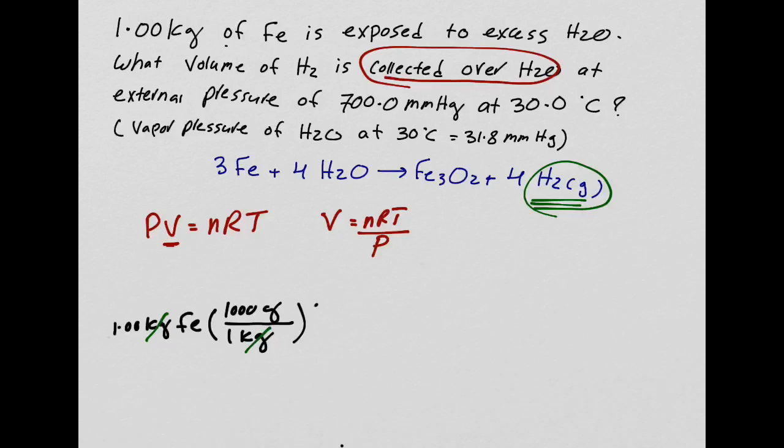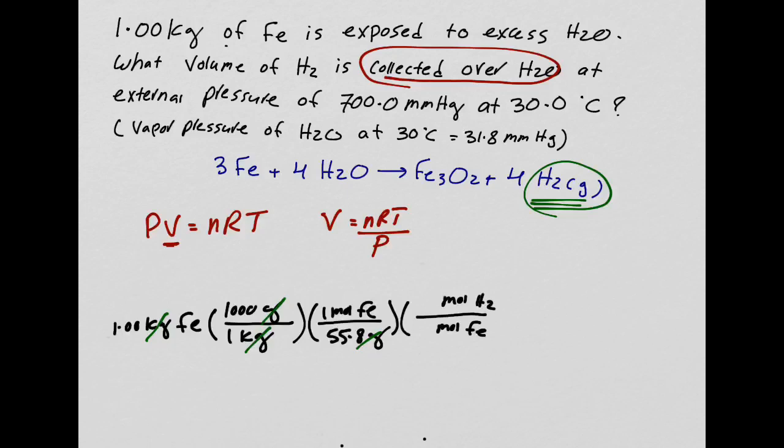Now I can do a conversion between mole and gram. 1 mole of Fe is 55.8 grams. So I just use the molecular weight to cancel out the gram. And then I don't want the mole of Fe. What do I want? I want the mole of the gas, which is H2.